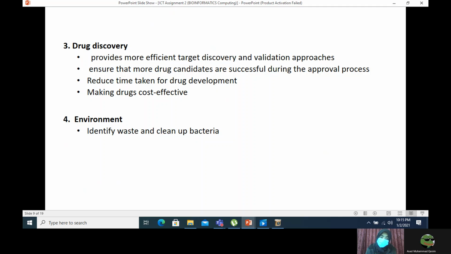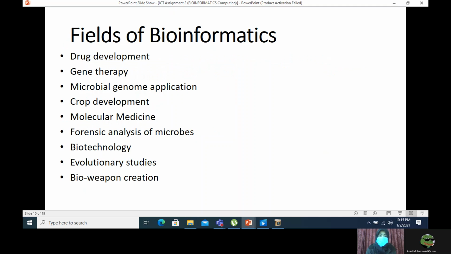It can also help the environment because it is used to identify waste and clean up bacteria, and can overcome our pollution problems. And now, there are lots of fields related to bioinformatics.